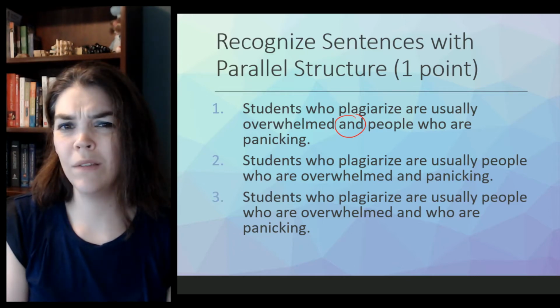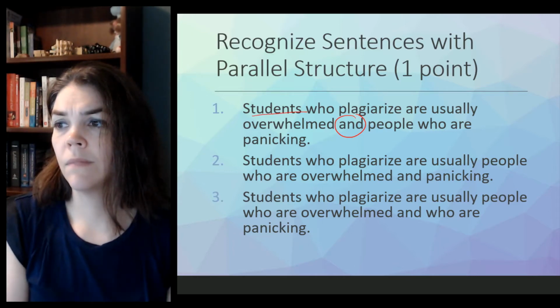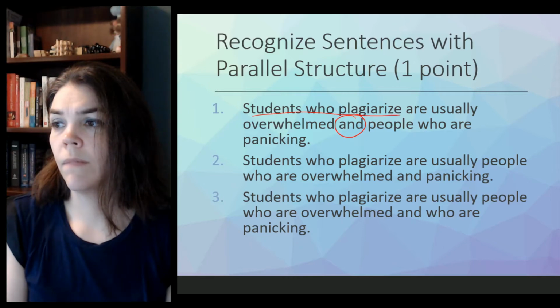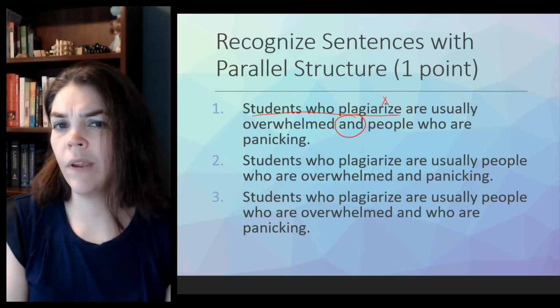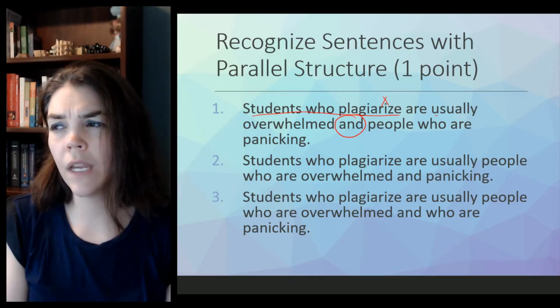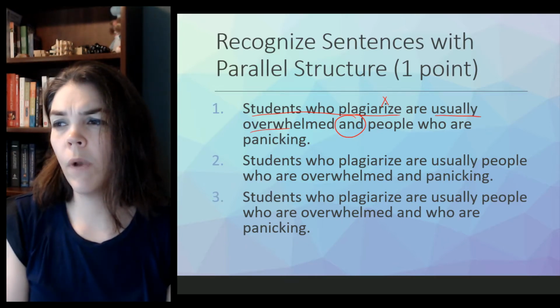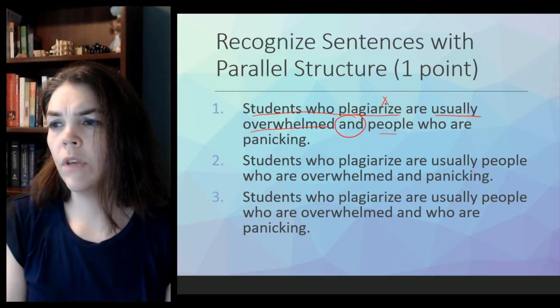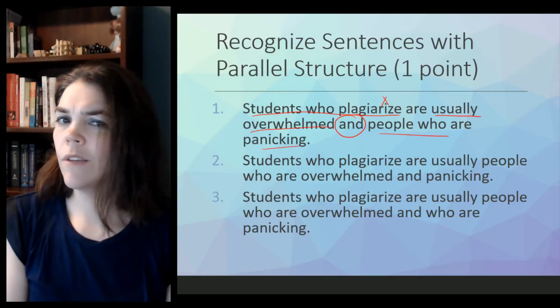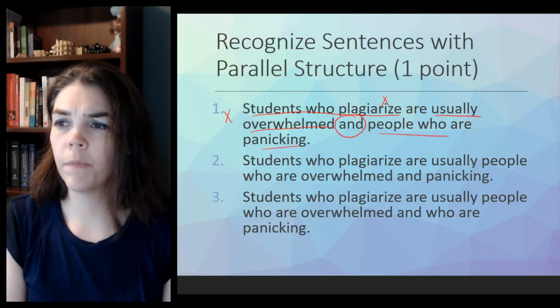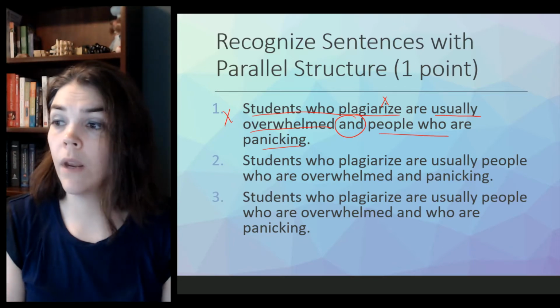Maybe the whole thing? No, it's not connecting that, right? I think it's trying to connect usually overwhelmed and people who are panicking. So this one definitely has problems. It's really hard to figure out what they were connecting.